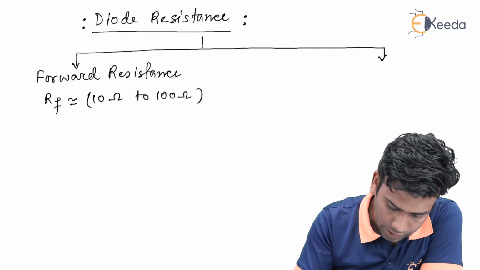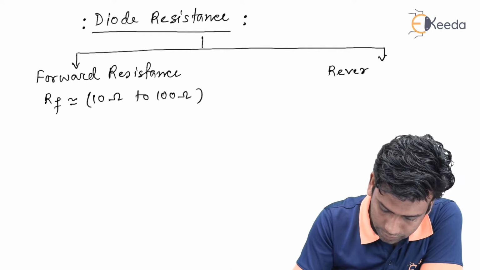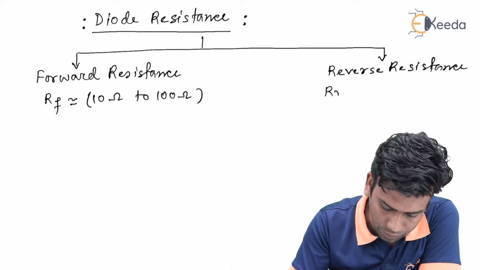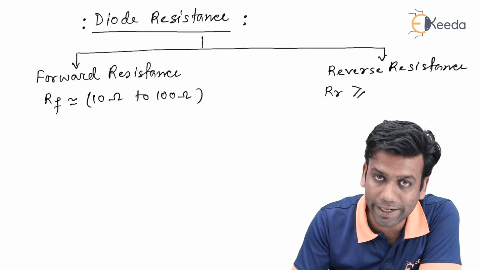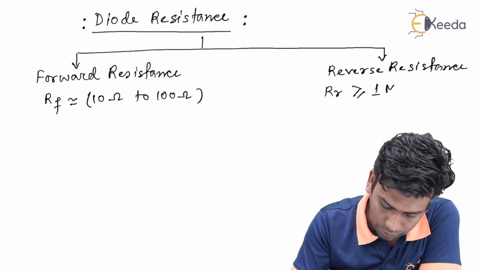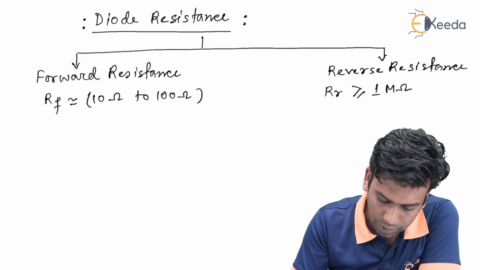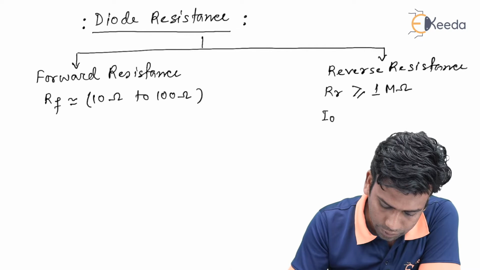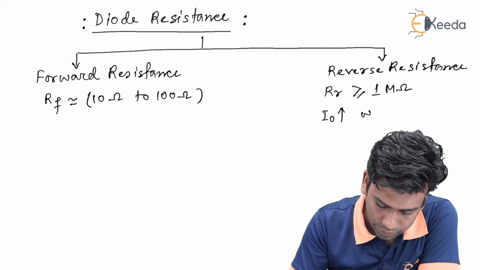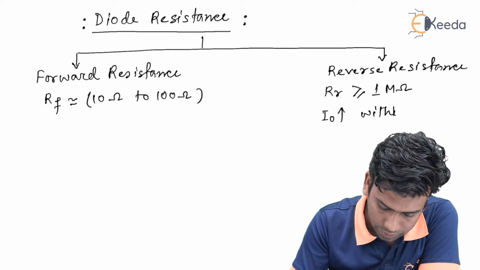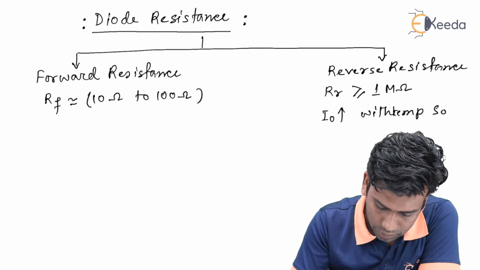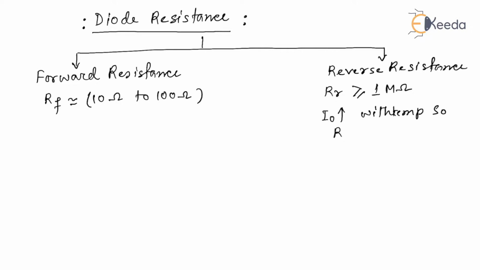The next one is the reverse resistance, and it has a very high value, nearly greater than or equal to 1 megaohm, because as I0 is increasing with temperature, the reverse resistance RR will decrease with temperature.